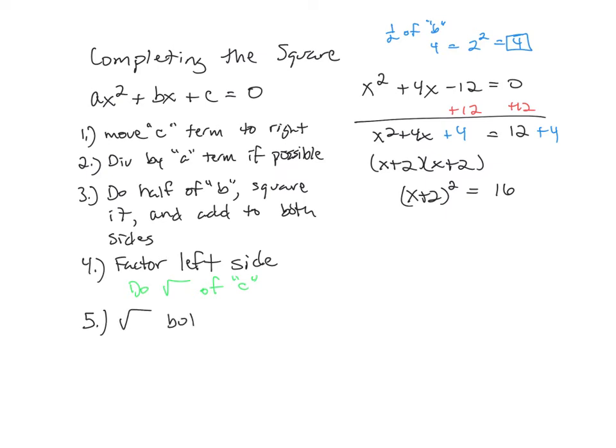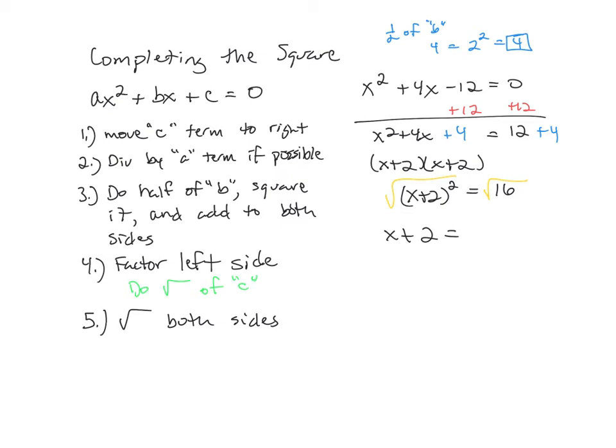Square root both sides. So if I do that, square root and squared will always just cancel each other out. And then here's another thing: what's the square root of 16?